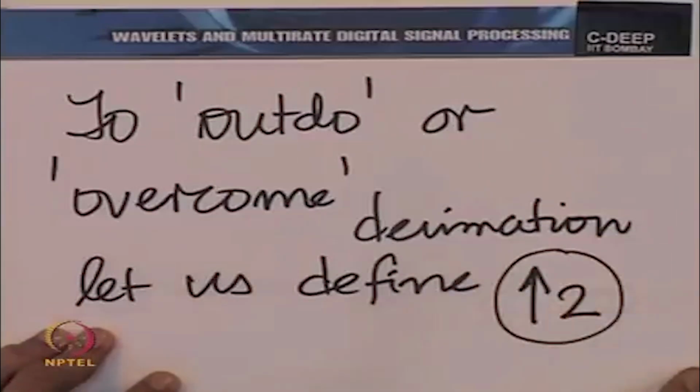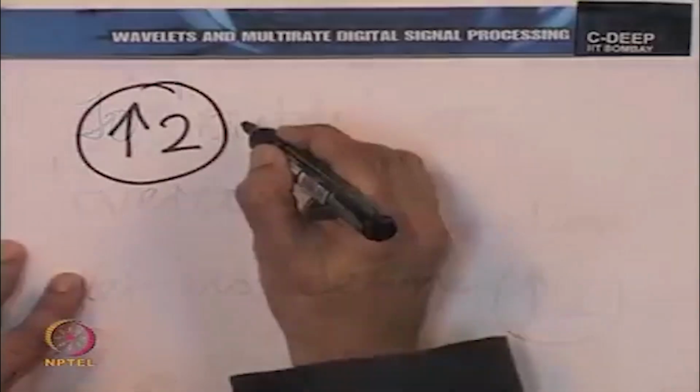Up essentially means upsample. And what does up 2 do? Well, up 2 essentially introduces a 0 between successive samples.